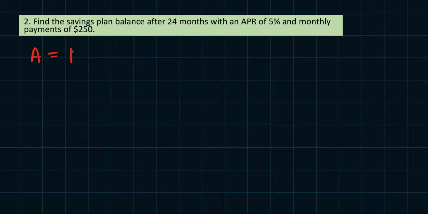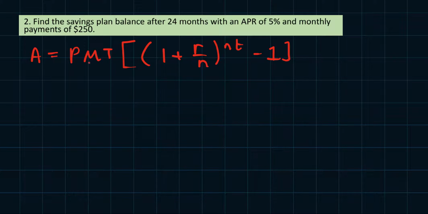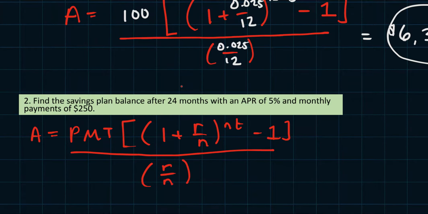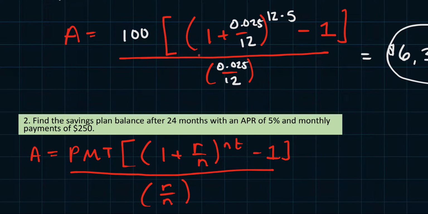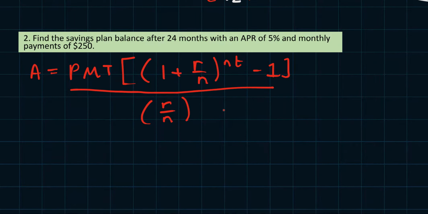A is PMT times (1 plus R over N) to the NT minus 1, all divided by R over N. Now I did that from memory, so let's just look at it again. It was payment, R over N, NT, R over N. Okay.